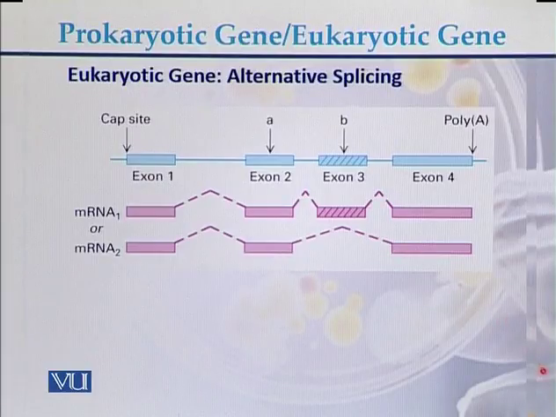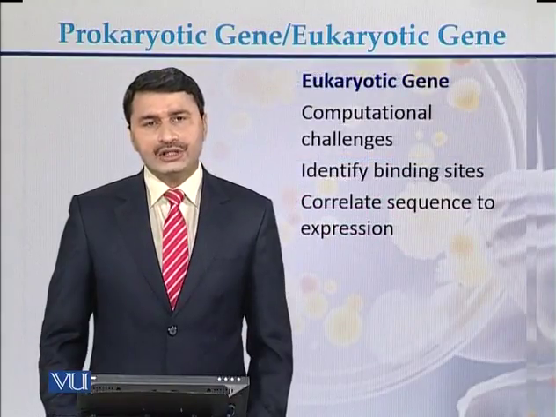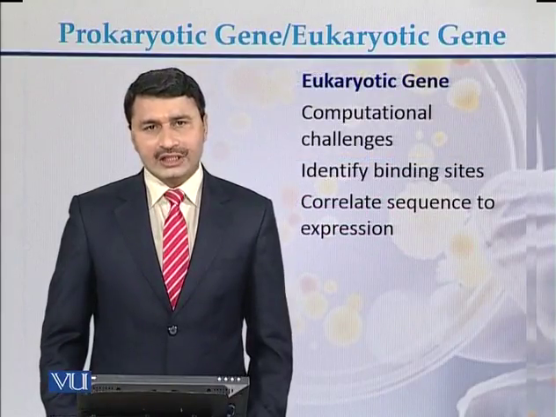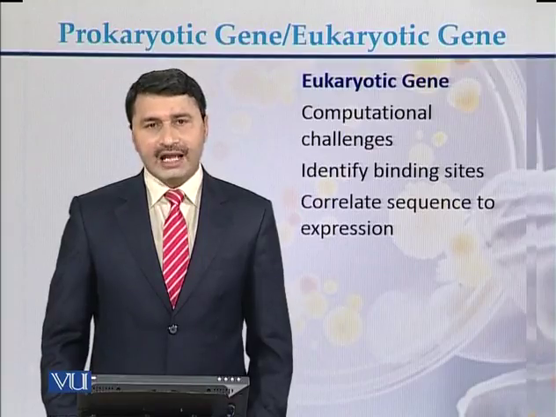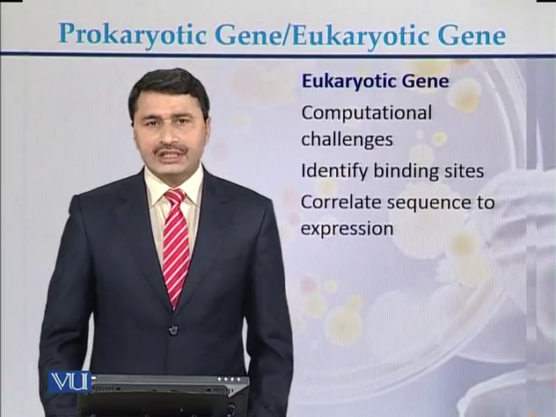This phenomenon is called alternative splicing, and it is the property of eukaryotic genes. This is the characteristic of eukaryotic genes, that with the help of alternative splicing, they can produce different messenger RNAs.